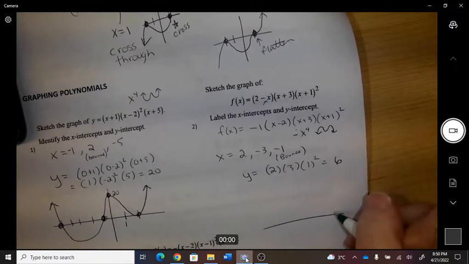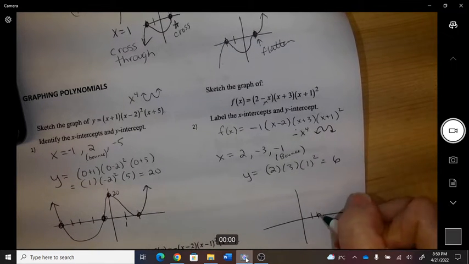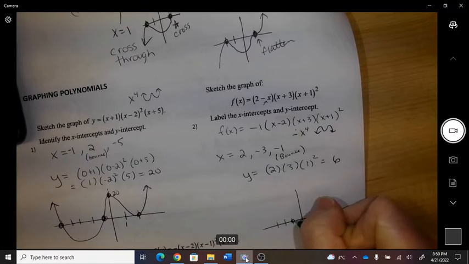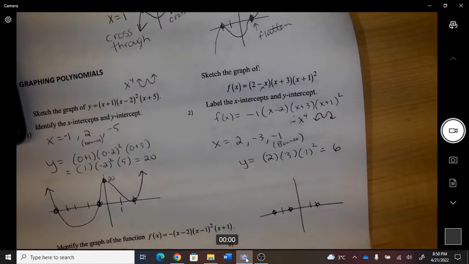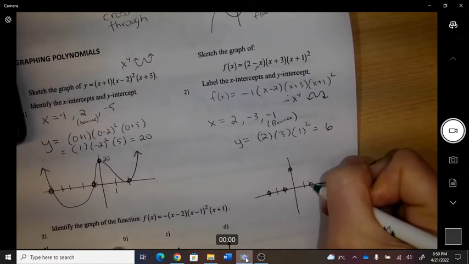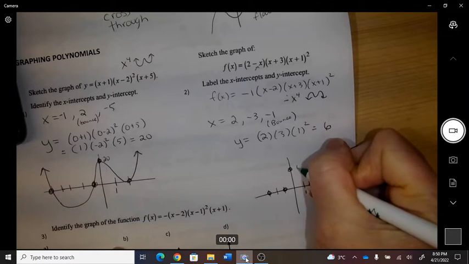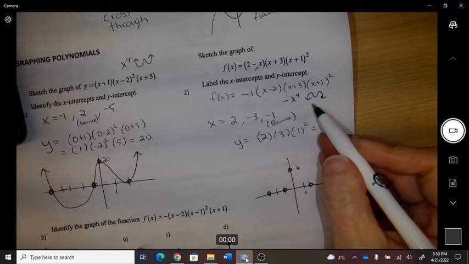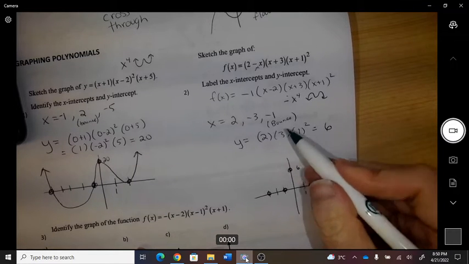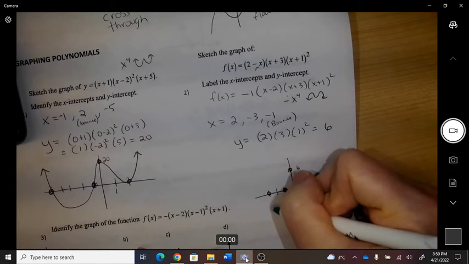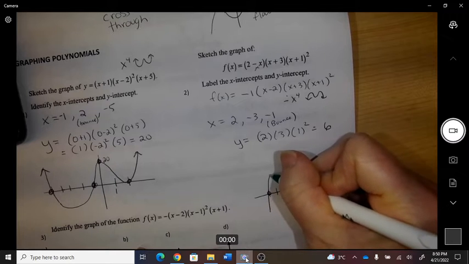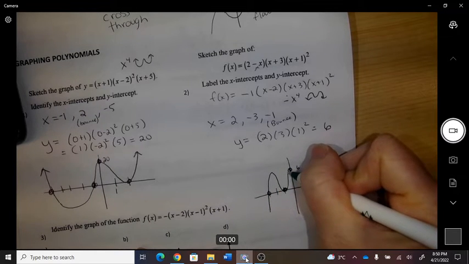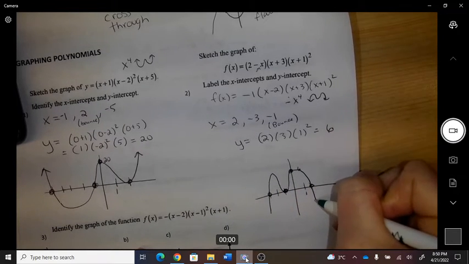So when I graph, 2, -1, and -3 are the x-intercepts, and it has to go through y 6. So a negative W shape, so an M, and then where's my bounce? At -1 is my bounce. So through, bounce, through, down.